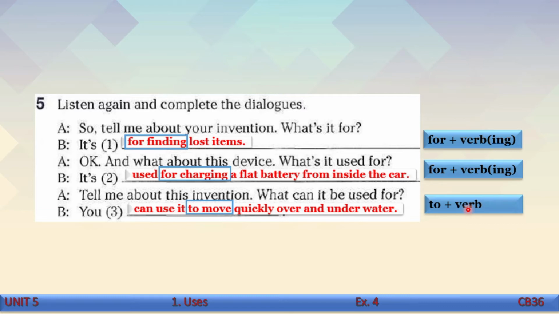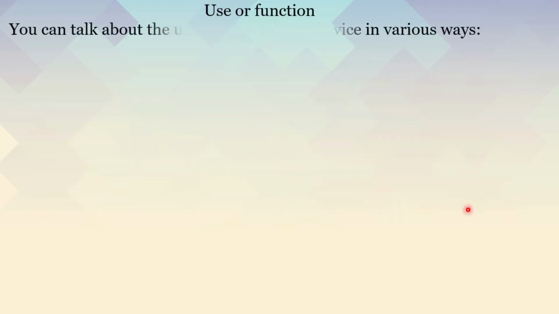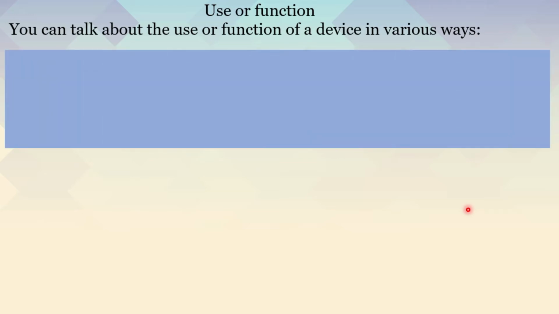There are various ways to talk about the use or function of a device. We are going to look at 4 ways. Number 1, you can use the present simple.